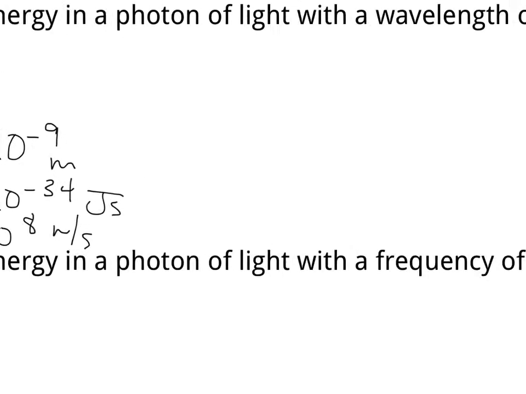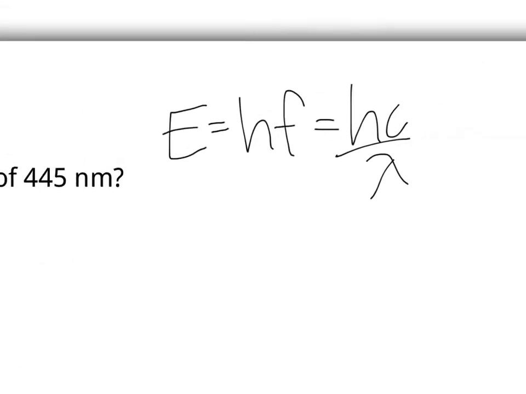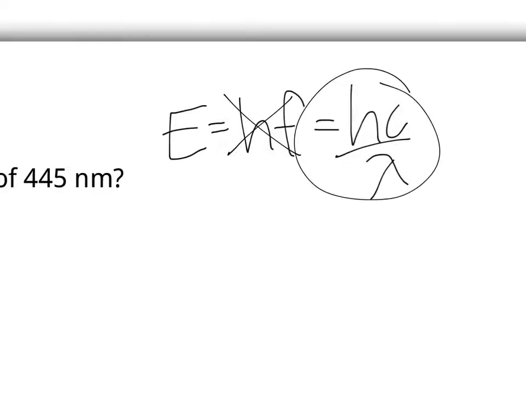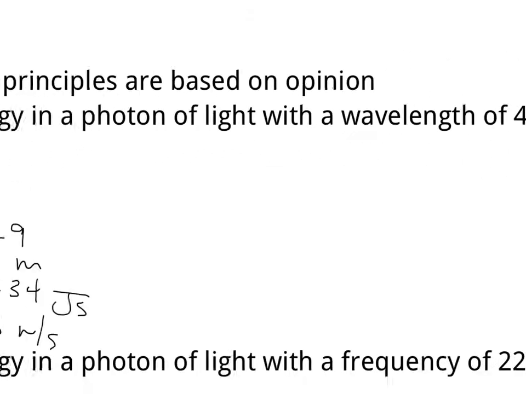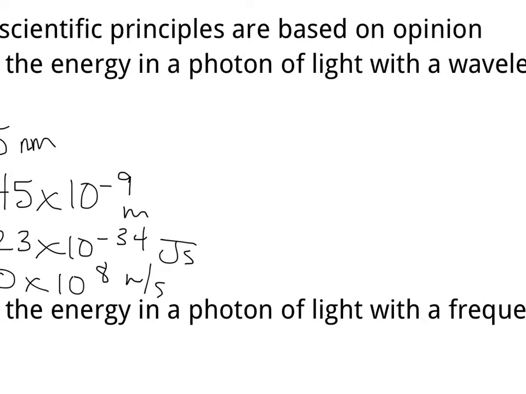To solve this, we're simply going to take our energy equation. We don't, for this problem, need the hf version because we don't have a frequency. What we have is a wavelength. So the energy here is equal to hc over the wavelength. So I'm going to put that in over here.